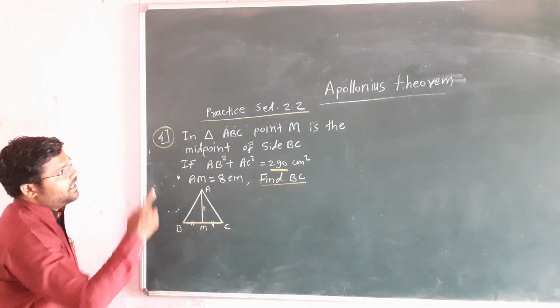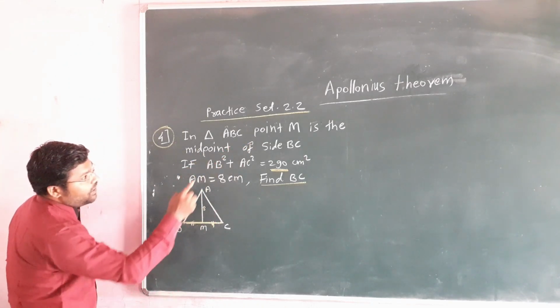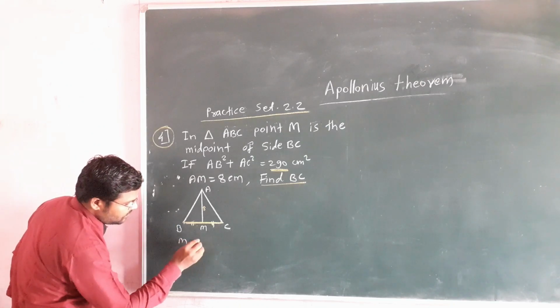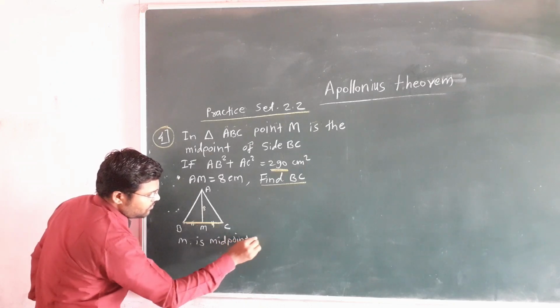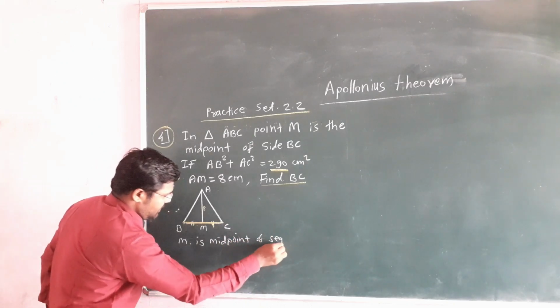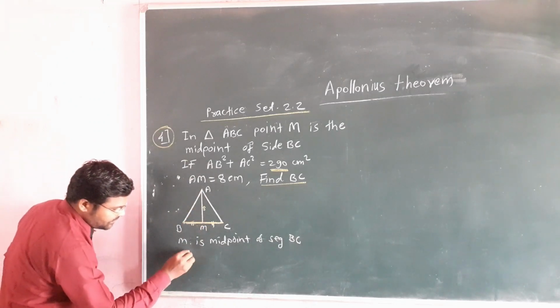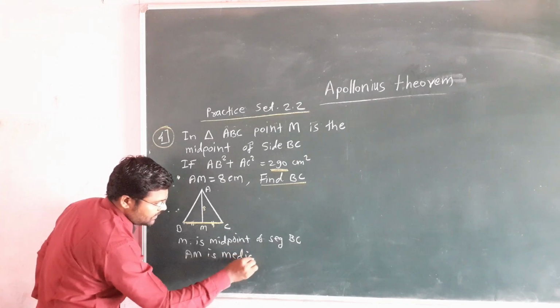So we use here Apollonius theorem. Okay, so the given thing is M is the midpoint of segment BC. That means AM is the median.